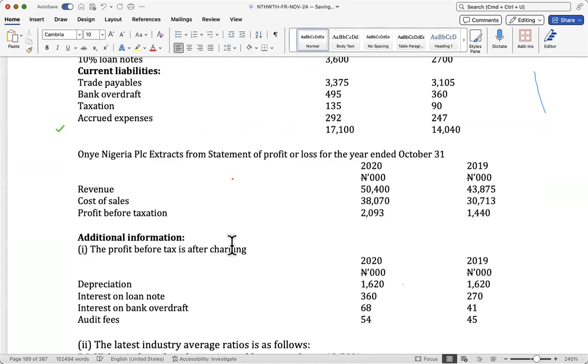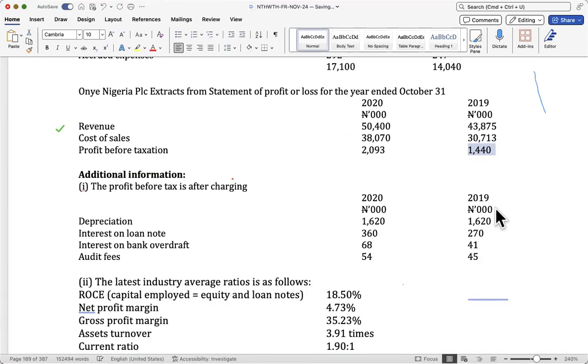So additional information: the profit before tax is after charging depreciation, interest on loan, interest on bank overdrafts, and audit fees. So they have already deducted all of this from this 1440. All I need to do is add back my interest to this so that I can get my profit before interest.